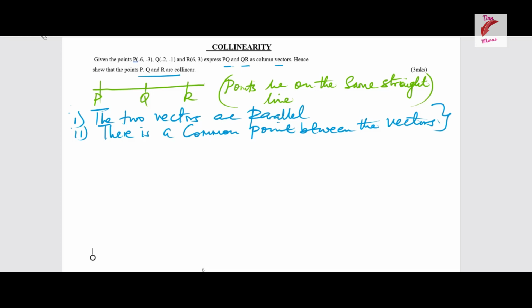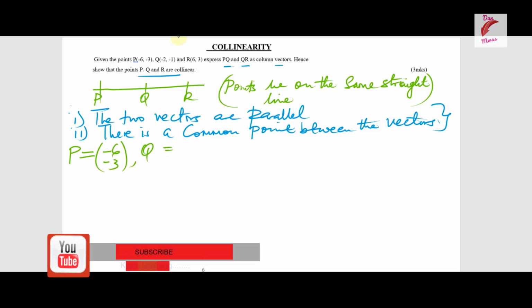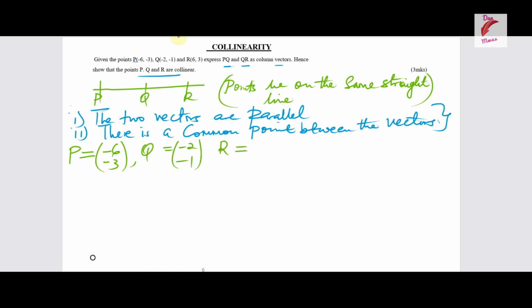So we can begin by giving vector P, which will be given by (-6, -3), then Q, (-2, -1), R, (6, 3). So we have expressed them as column vectors first.